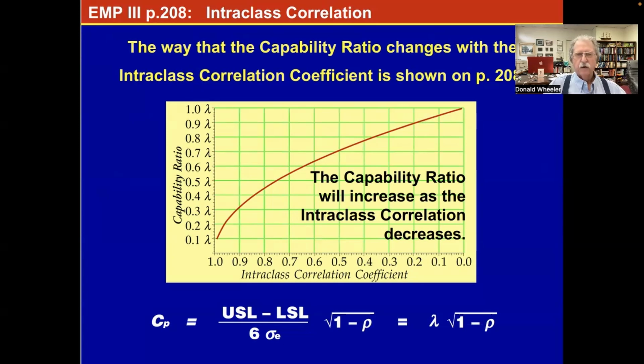That's the curve shown here. So these are the mathematical relationships behind the impact measurement error has upon our ability to use the measurements. Now, what does that mean?